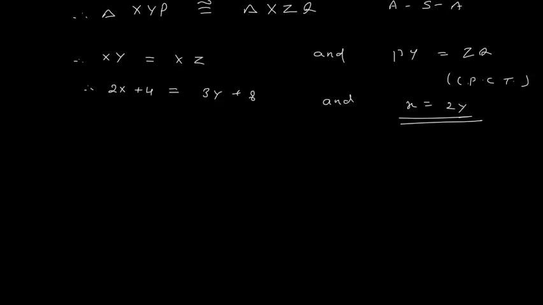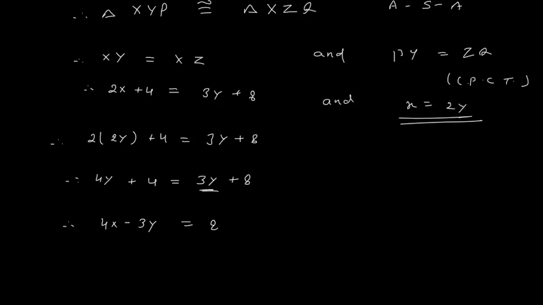So therefore, here I will say that 2 into 2y plus 4 is equal to 3y plus 8. So therefore here we have 4y plus 4 is equal to 3y plus 8. Therefore I move this 3y to the left. 4y minus 3y is equal to 8 minus 4.